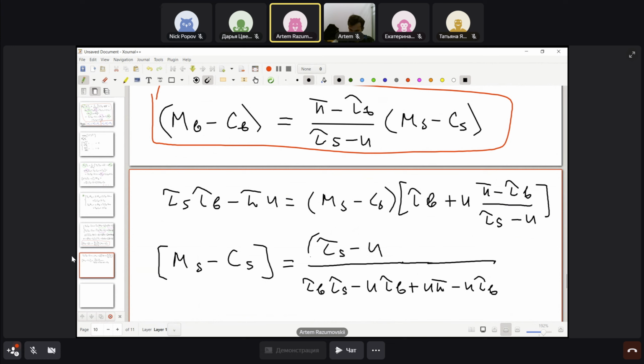And then tau sellers, tau buyers, minus PU. Am I right?